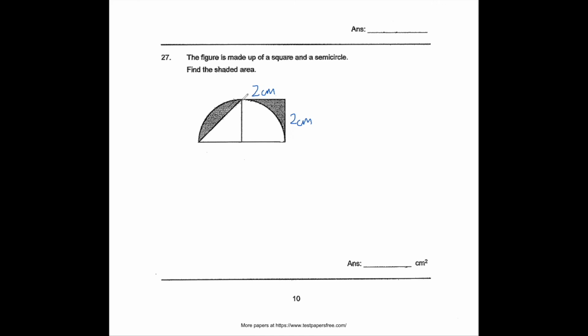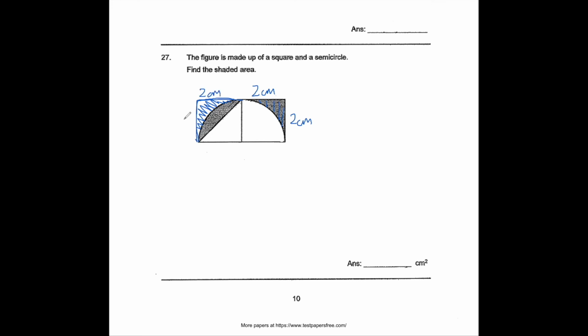What I can do is shift this shaded part over here. So I shifted the shaded part over here. Now I just need to find the area of this part. It's basically the area of a triangle.